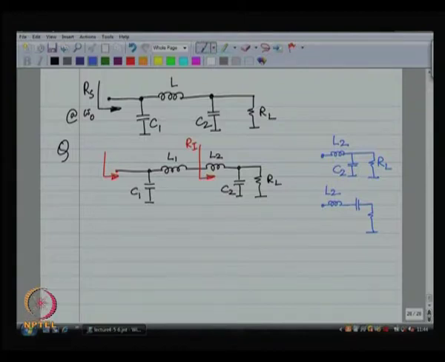Does the impedance of R L increase or decrease? Right, it decreases by the Q. What is the Q in this case? The Q of this particular sub network, let us call it Q 2, is equal to omega naught R L C 2. Remember, the larger the R L, the larger the Q, because R L is in parallel with C. So, R comes in the numerator. So, this is the quality factor of the network.